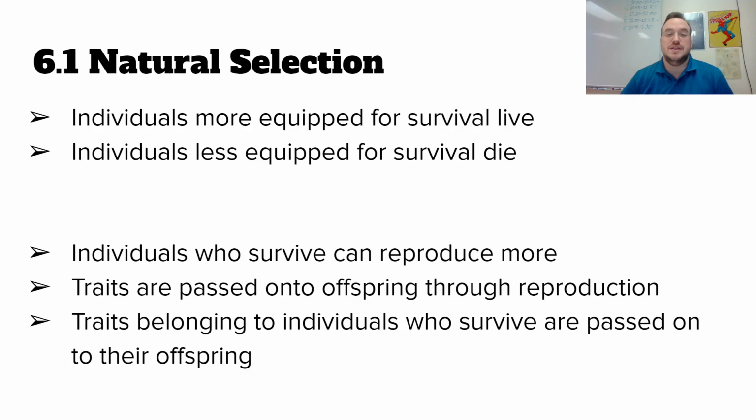So those traits that are beneficial are going to spread to more individuals through mating, right? The offspring are going to inherit traits of the parents, something we've already talked about with genetics, and more of them are going to have those traits because generally we see species giving birth to more individuals than take part in the mating, right? So if you've got two parents, generally there's more than two kids.